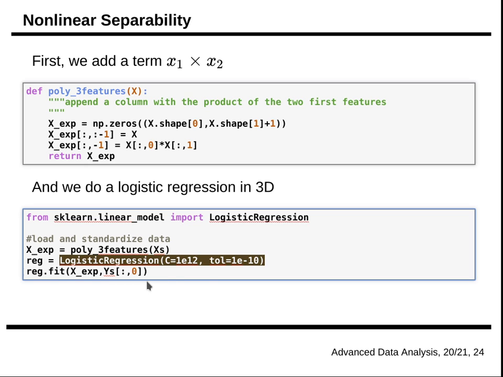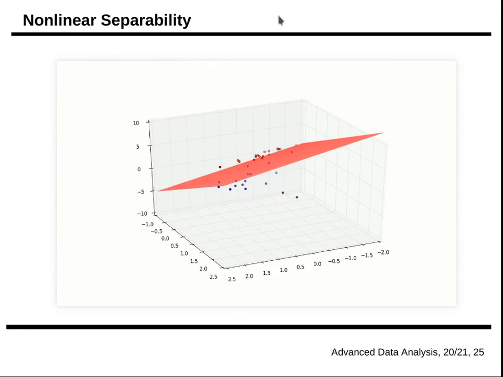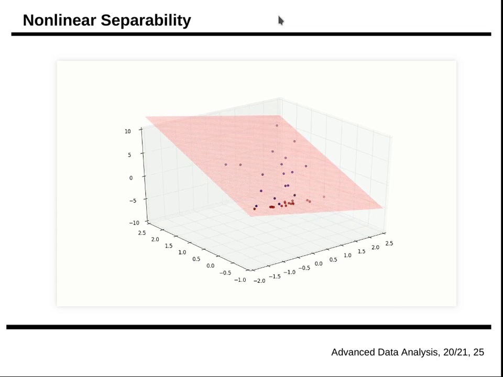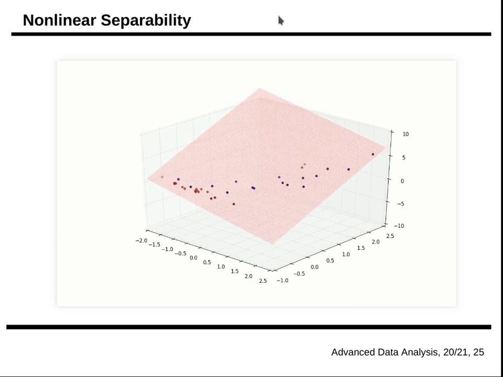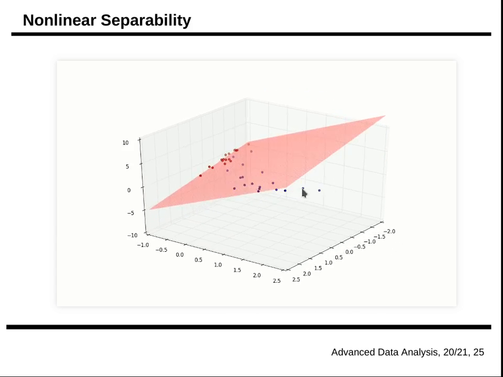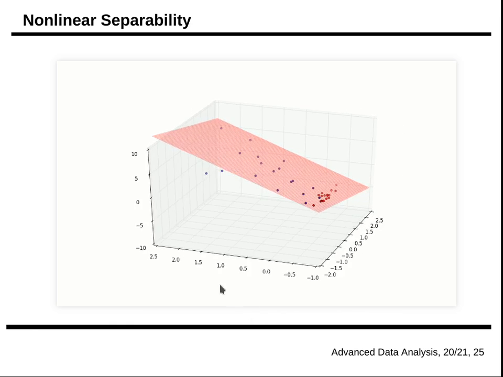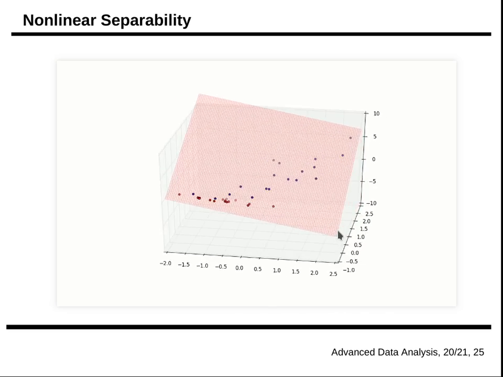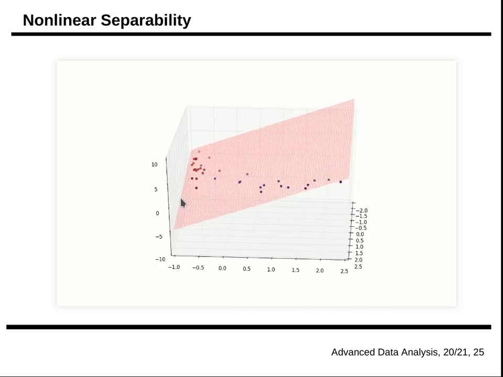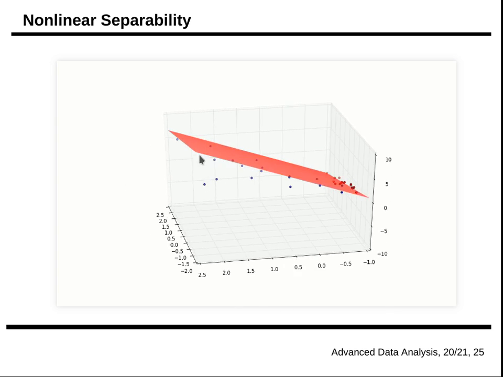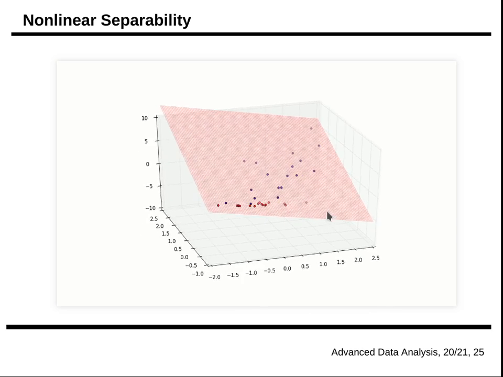Now we fit with the logistic regression, and what we are doing is now fitting not a straight line in 2 dimensions, but a straight plane in 3 dimensions, because this is the distribution of points that we get when we add as a 3rd dimension the product of the first 2. And since this is a nonlinear transformation, the points are now distributed in a bent surface in 3 dimensions.